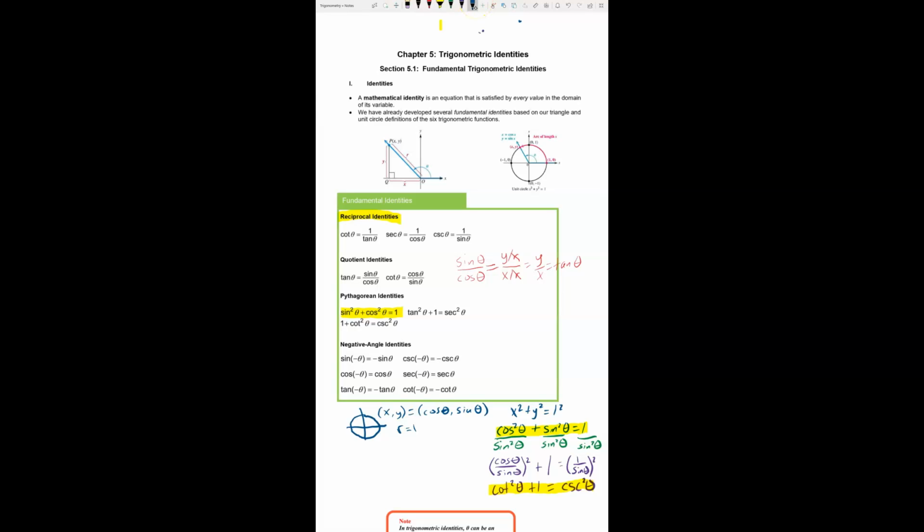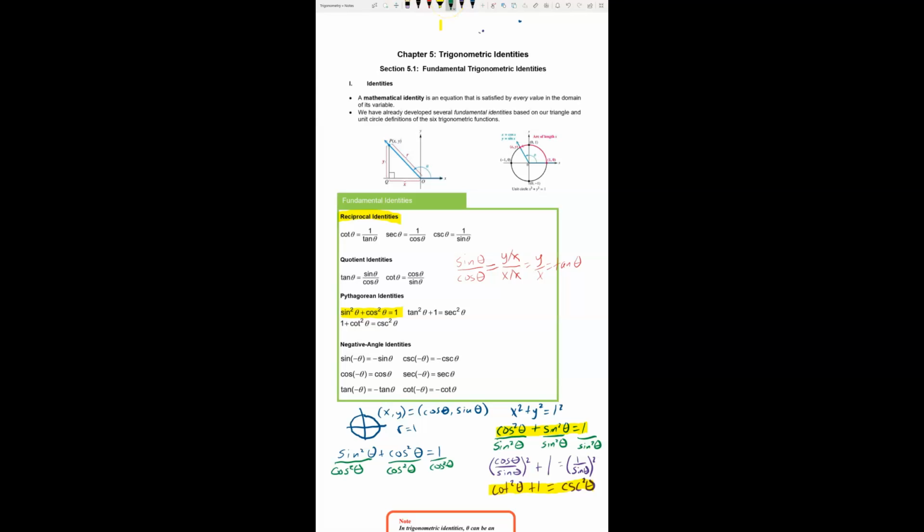To derive our third Pythagorean identity, we will go back to our original Pythagorean identity, sine squared theta plus cosine squared theta equals 1. And instead of dividing both sides of the equation by sine squared theta, now we will divide both sides by cosine squared theta.